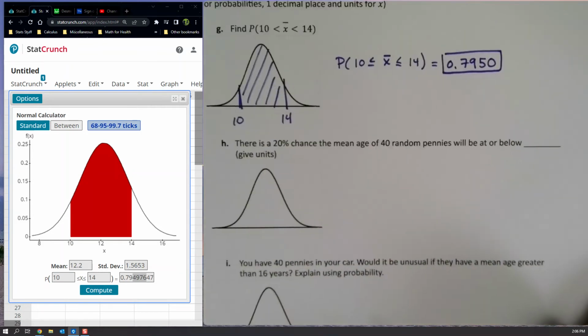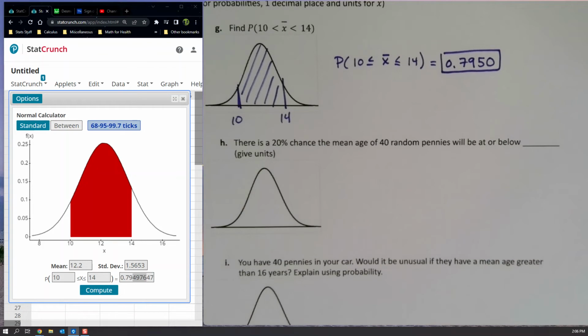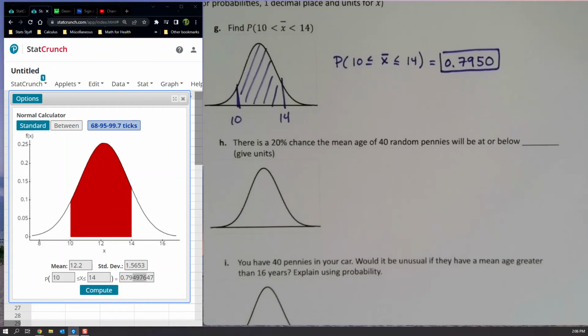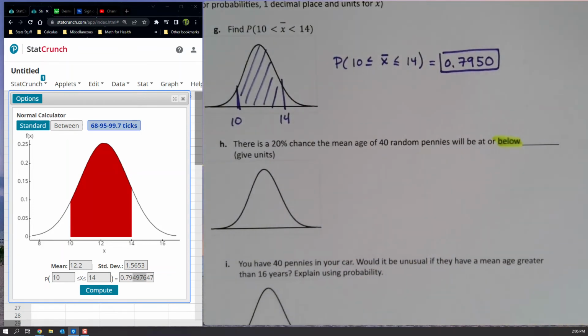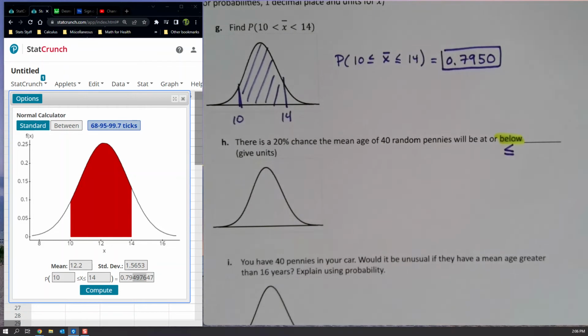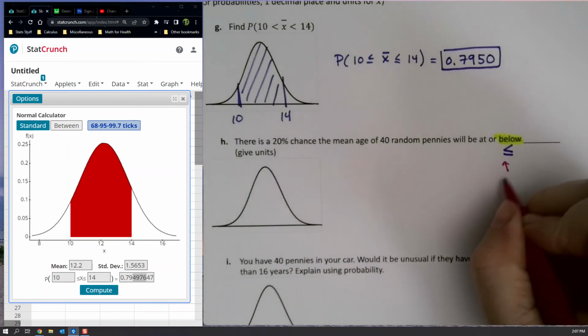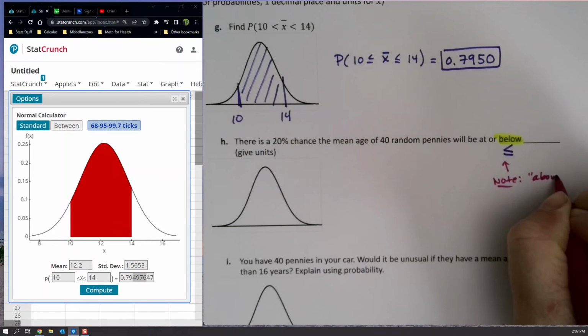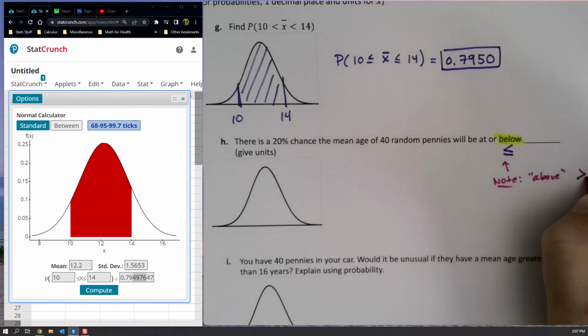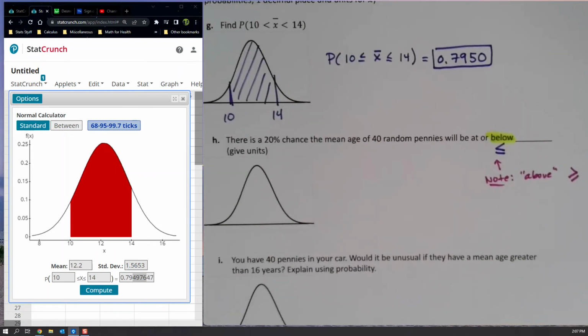Now, there's a 20% chance the mean age of random pennies will be at or below. Because this is below, we're going to be doing a left tail. We're going to be doing a less than. If it was above, you would be doing a greater than sign, just on a side note.